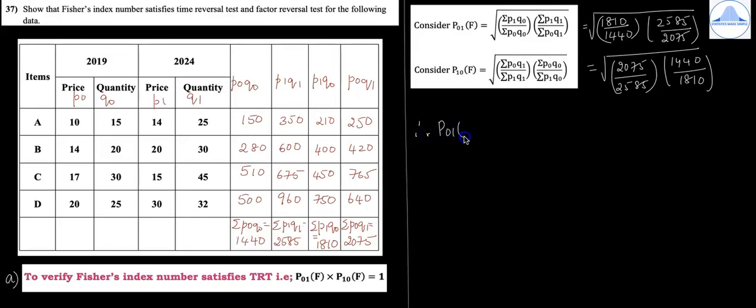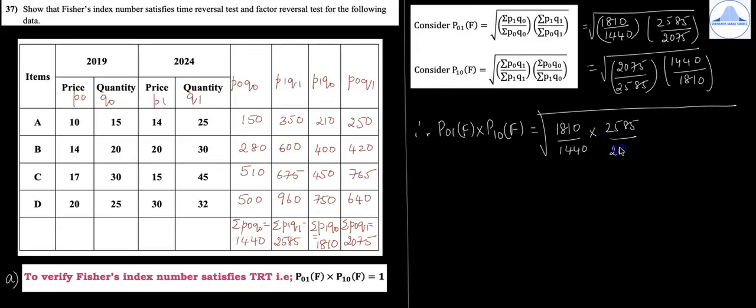Therefore, P01 of f into P10 of f is equal to, so draw a long square root and write all these 8 totals. So all the totals will get cancelled, and so you will get root of 1, which is equal to 1.